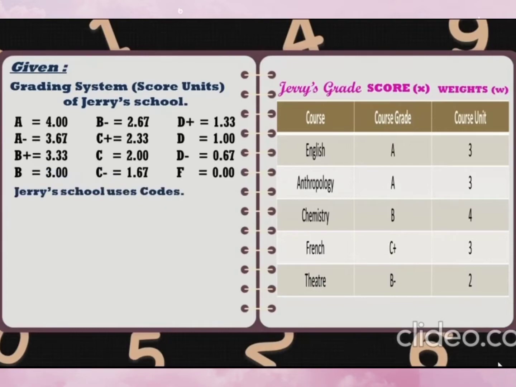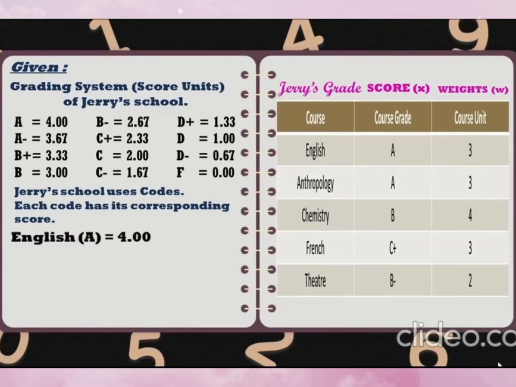If you may notice, Jerry's school uses codes in their grading system. So they have A negative, B positive, B negative, C positive, C negative, D positive, D negative, and F as their codes. And each code has its corresponding equivalent. Now let's start to convert it one by one.